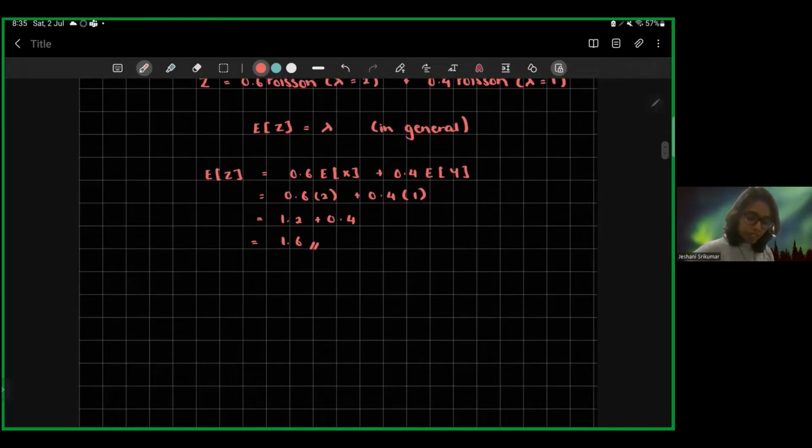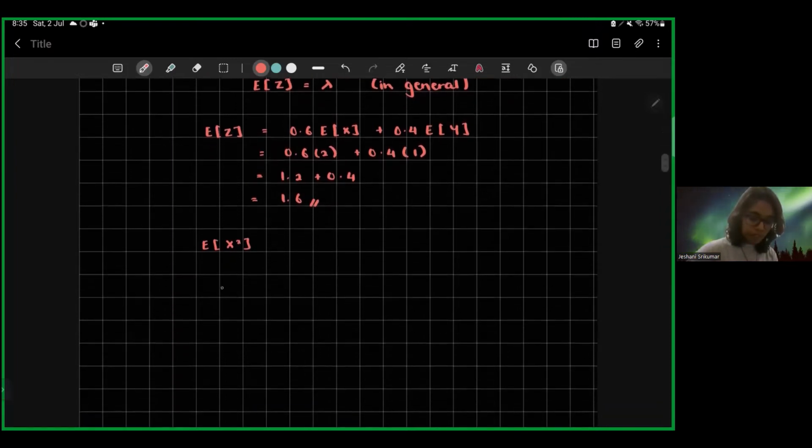So what about variance? When you find the variance for a mixture distribution, you cannot directly assign the weightage like we do in mean. We always have to find the second moment first. So what is the second moment in general of the Poisson distribution? We know that variance is also equal to lambda and mean is equal to lambda, right?